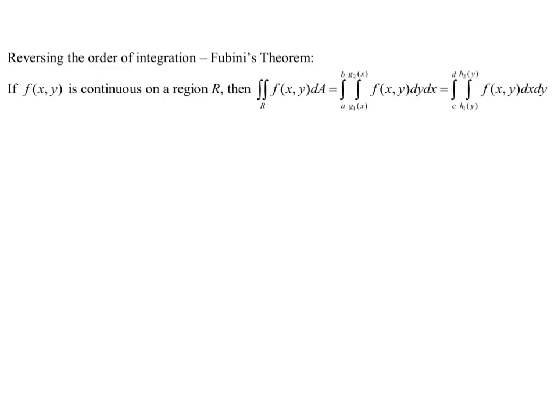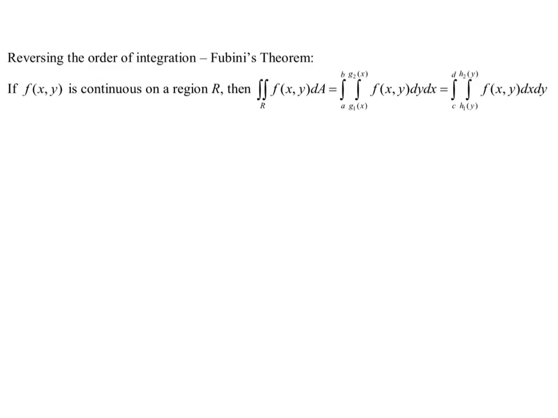The theorem on reversing the order of integration, known as Fubini's theorem, states that if f of xy is continuous on a region R, then the double integral of f of xy over R is equal to the double integral of f of xy with outer integral from x equals a to x equals b, and inner integral from y equals g1 of x to y equals g2 of x.